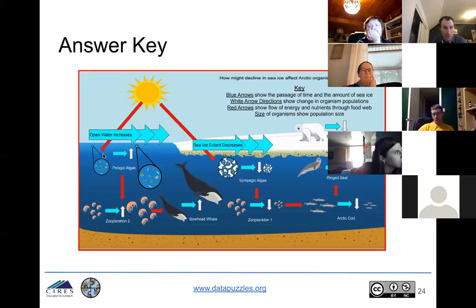So we see this food chain from ocean algae to zooplankton to bowhead whales, and those populations he's predicting are increasing with the decline in sea ice. Whereas in a food chain connected to sea ice algae, we might see those populations decline. We don't know for sure, but that's what we're predicting based on the data that we have.